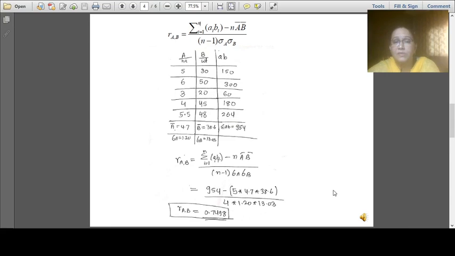Or in some cases, suppose there is weather temperature, and suppose there is illness. We want to understand how the illness or sickness of a person is related to the temperature value, so how these two variables are related to each other.